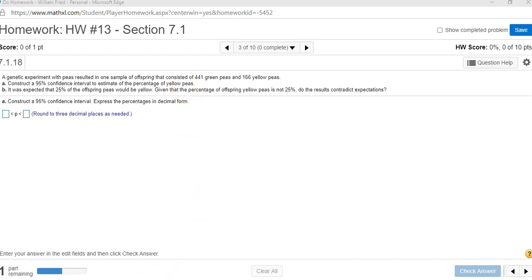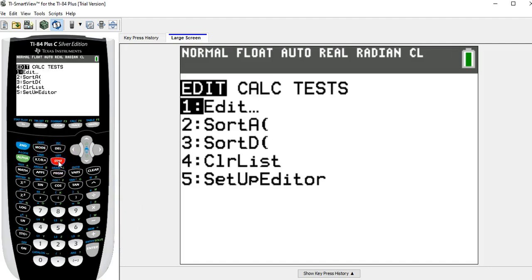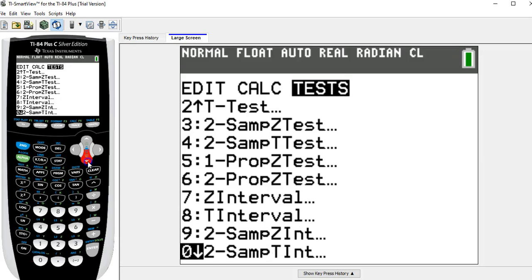On the calculator, I'm going to go to Stat, Tests, and I'm going to arrow down to 1-PropZInt. I guess it's on the next page.